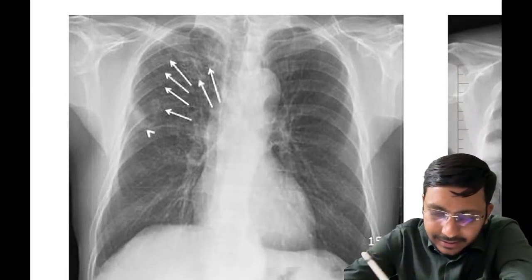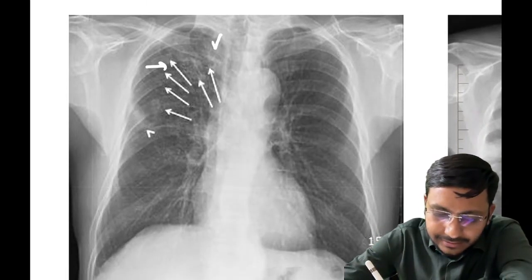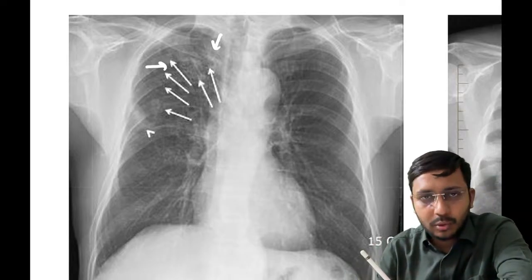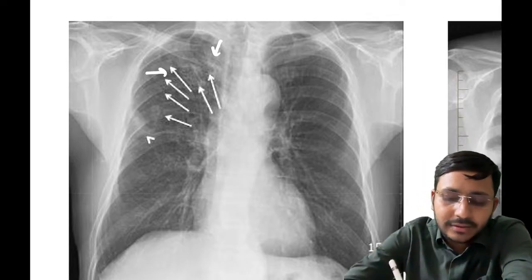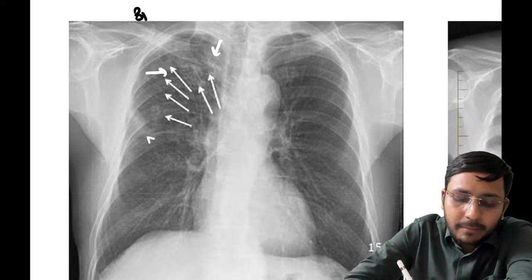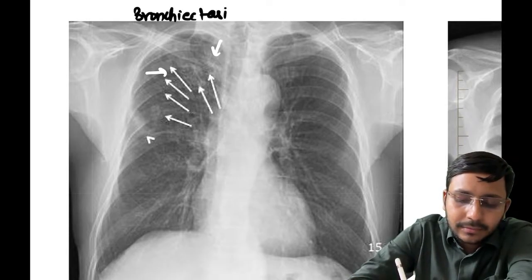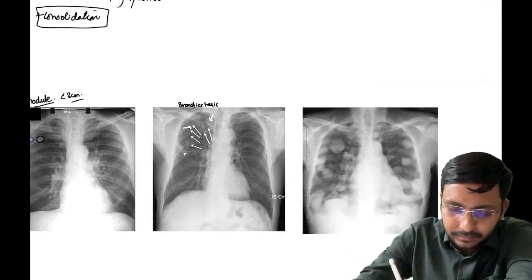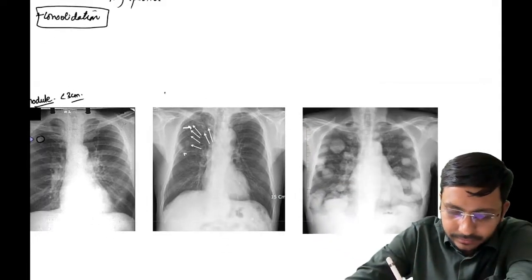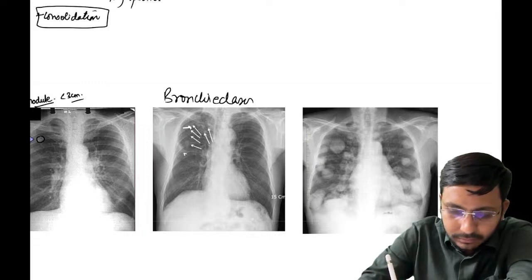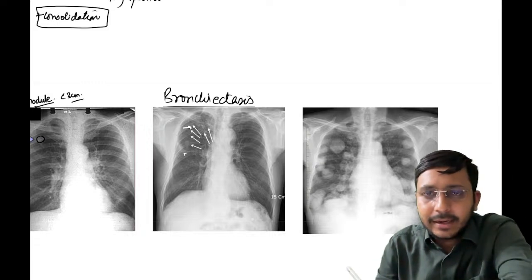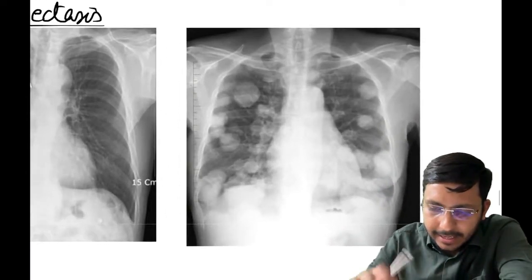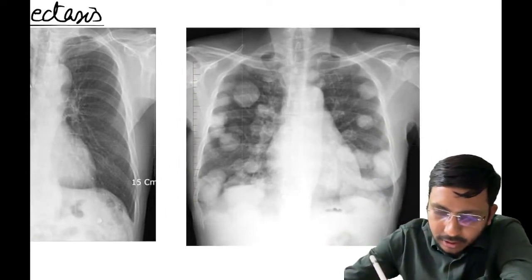I am seeing that the bronchial markings are prominent in the right upper lobe. This is a picture of bronchiectasis, dilated bronchi.